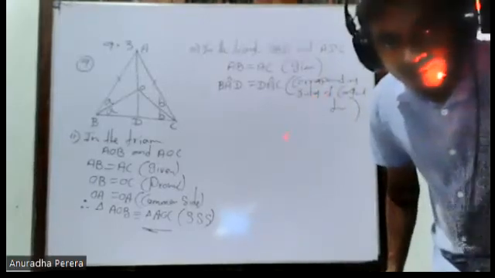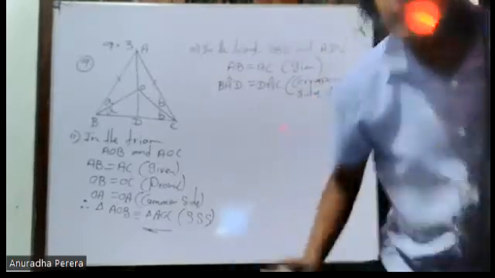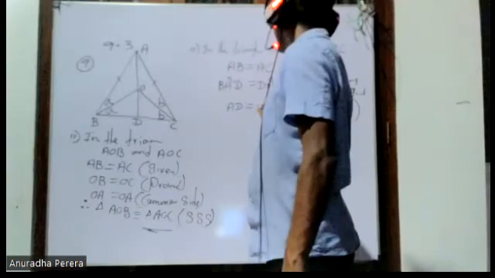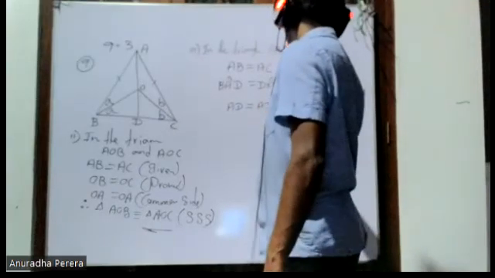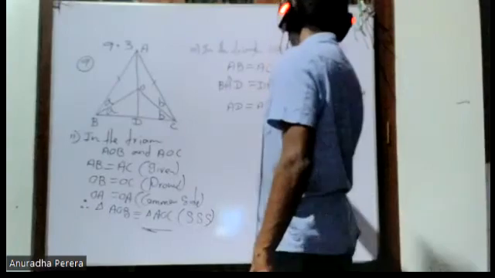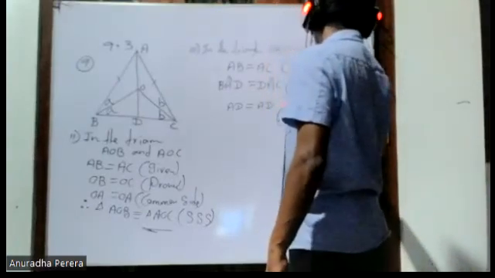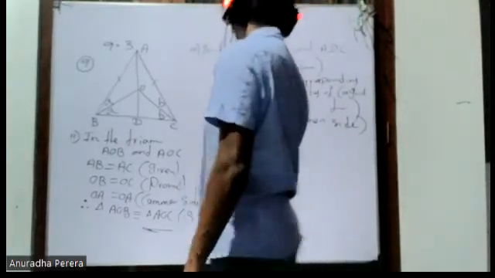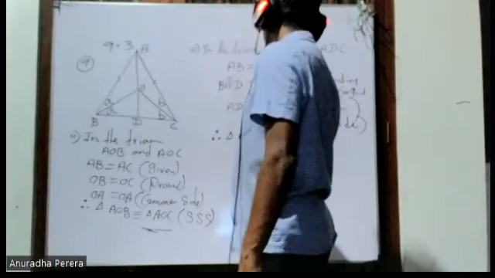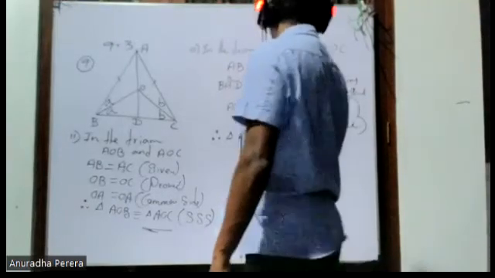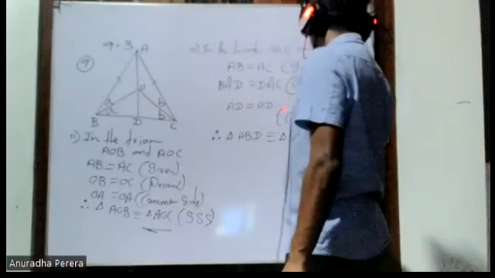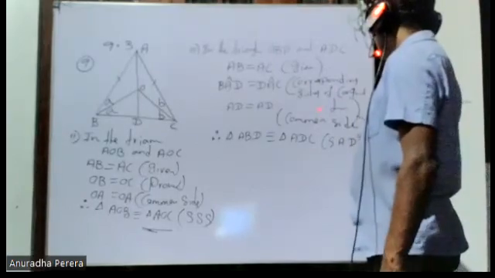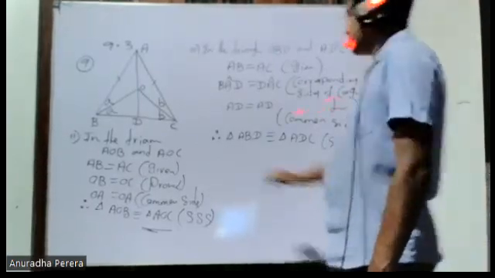And we know AD is common. AD equals AD, common side. Therefore, triangle ABD is congruent to triangle ADC. What is the case? Side angle side.